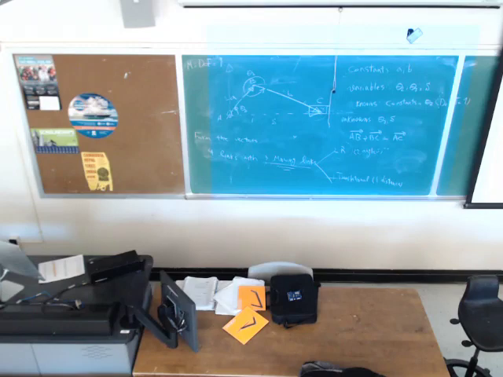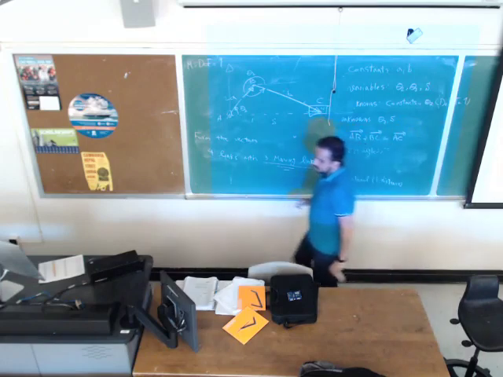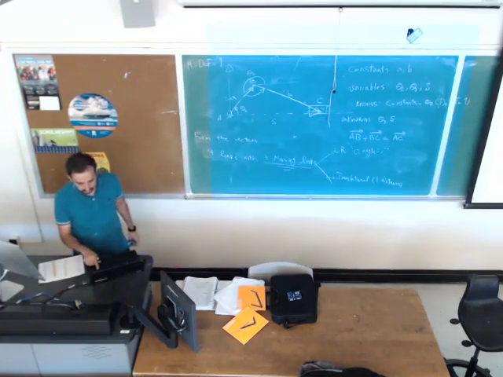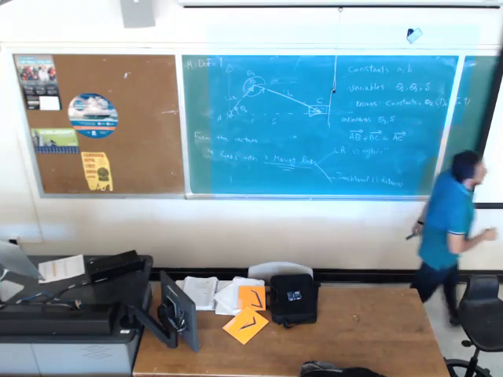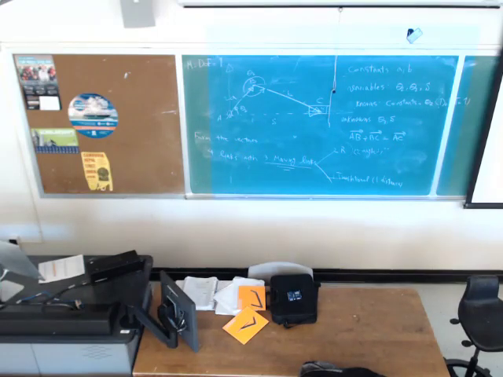So suppose I have a vector OA with the length of A and the angle of theta. What would be the x component and y component of this vector? Vector OA has x component and y component.